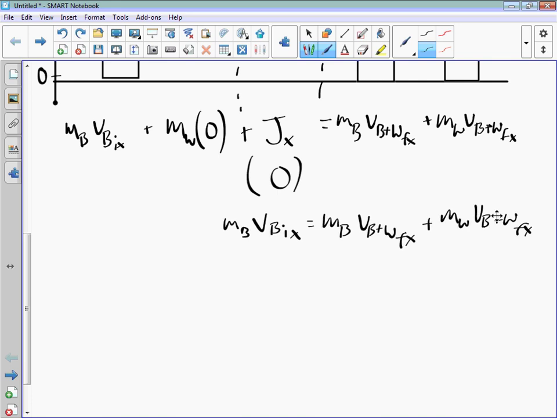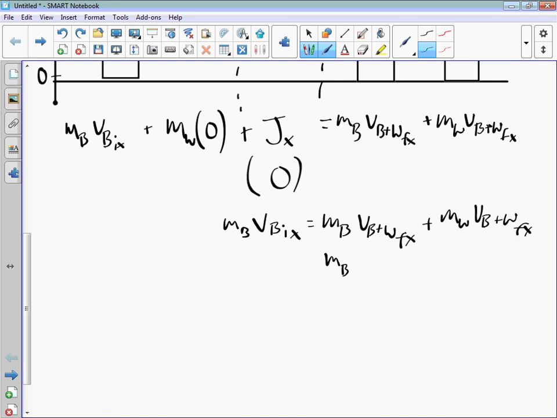So many letters. Since we are interested in the velocity of the bullet and wood together, that's what we're going to solve for. One thing that we can see is that both these terms have velocity of bullet plus wood final in the x direction, meaning that you can factor it out.